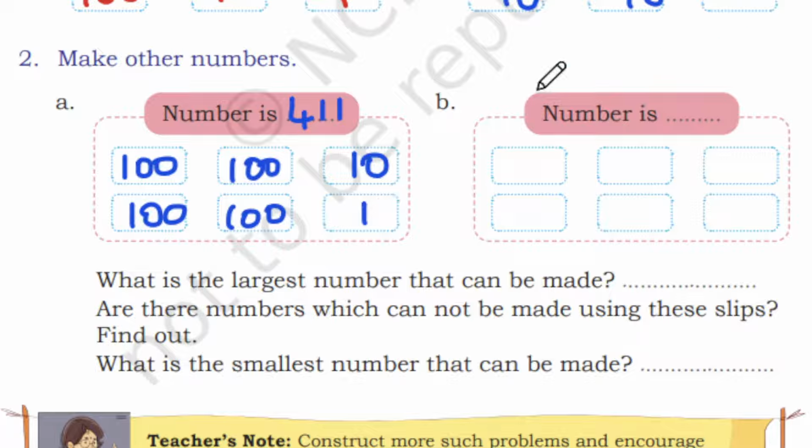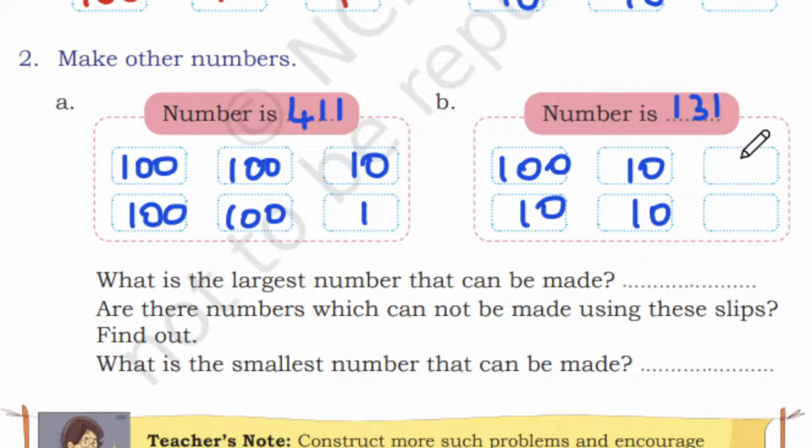Next number you can write 131. So you can write 100, and tens you have 3, and ones you have 1. If you have 2, you can write 132.